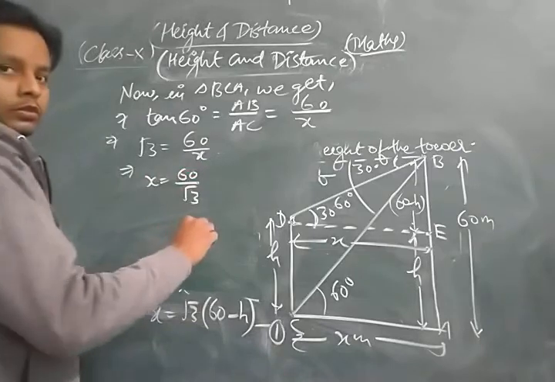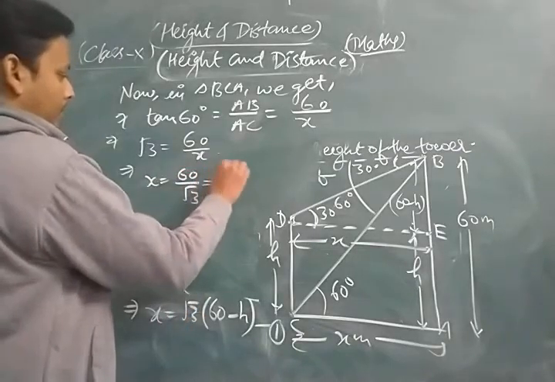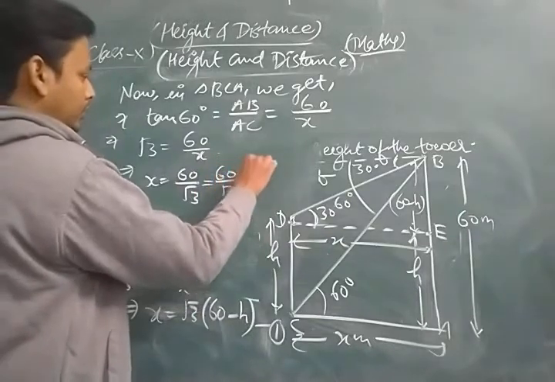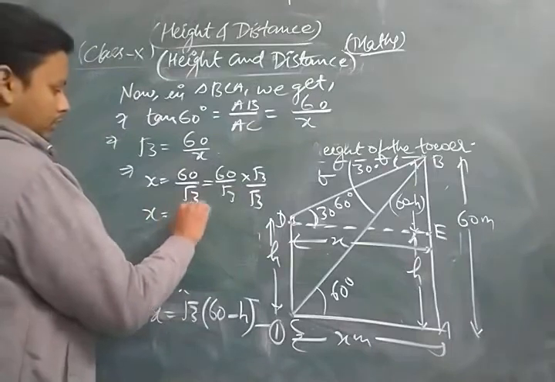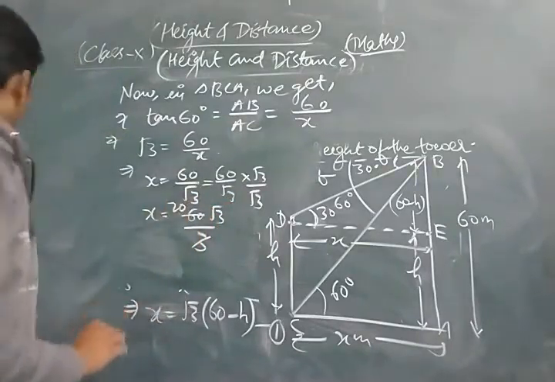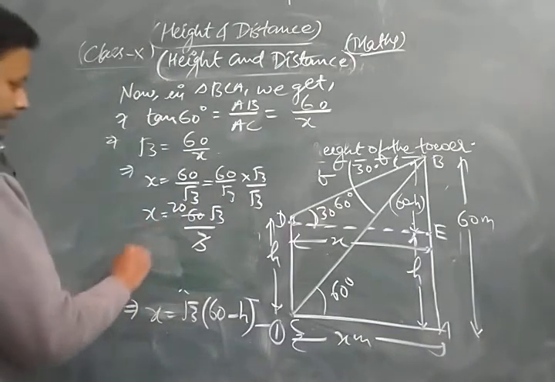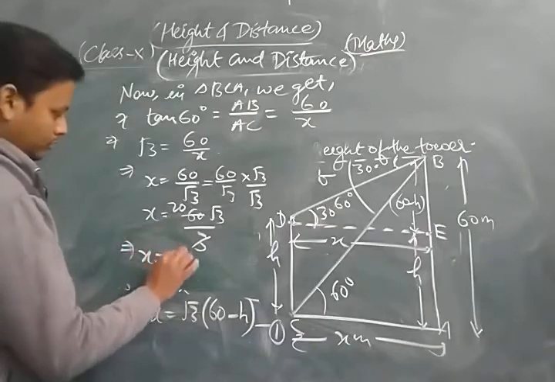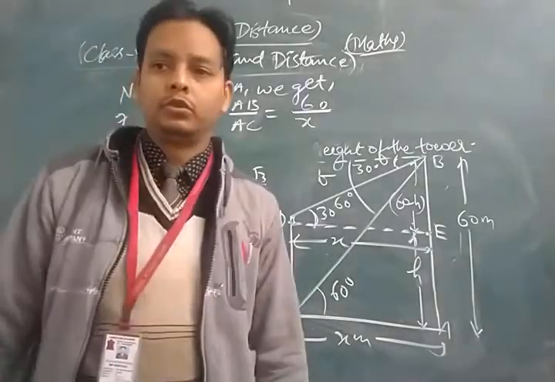Multiplying by root 3, X equals 60 root 3 upon 3, so X equals 20 root 3. Take this as equation number 2.